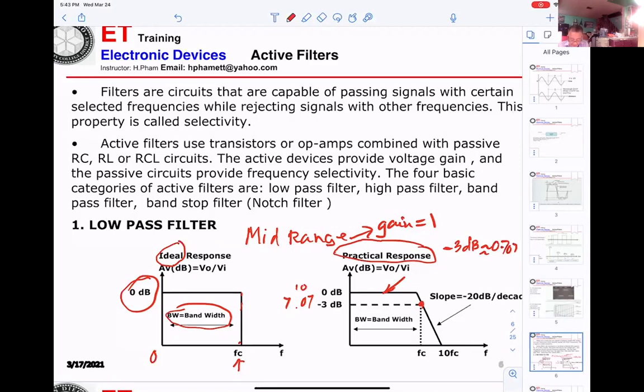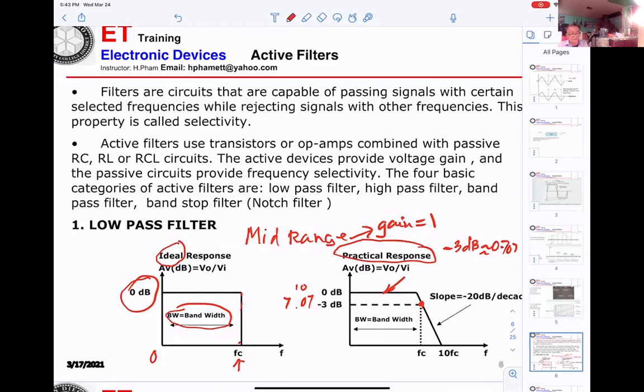Now they say the slope is 20 dB per decade. Try to understand what that means. Decade means 10.